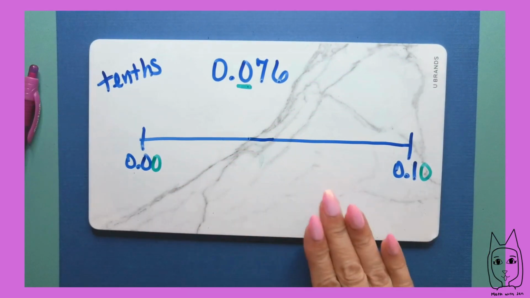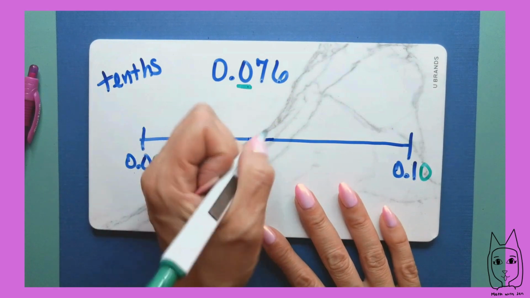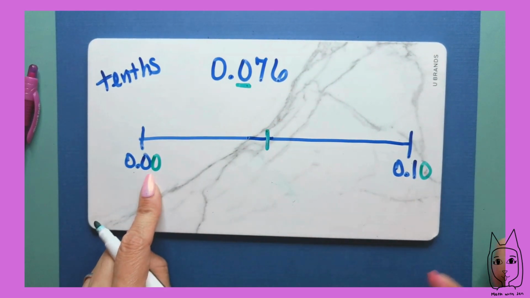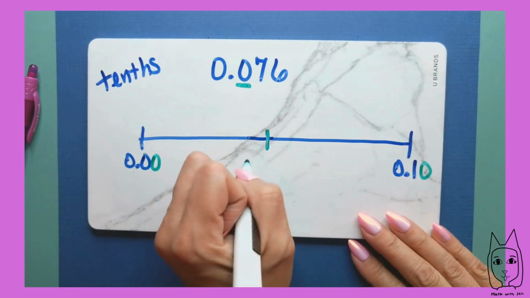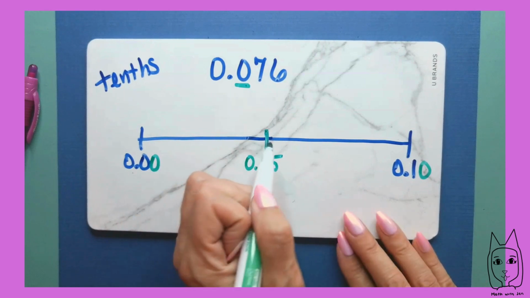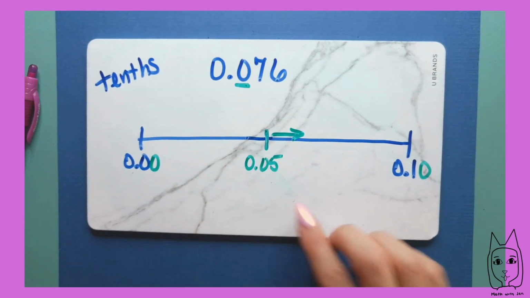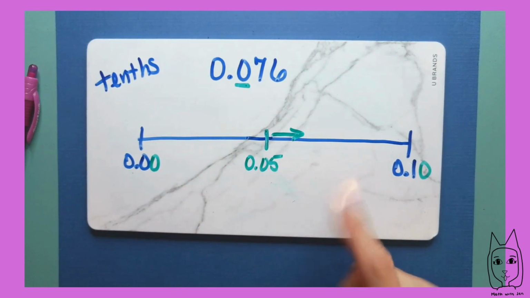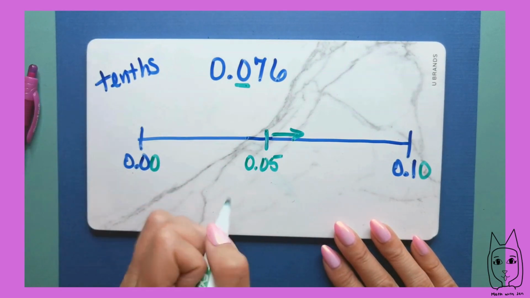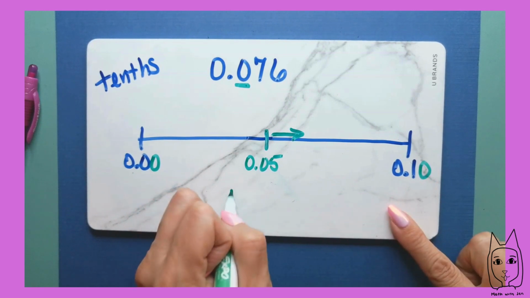I might not have it perfectly equally divided, but pretend. The halfway mark between 0 hundredths and 10 hundredths would be 5 hundredths. 7 hundredths is falling to the right of 5 hundredths, so I know that I need to round up. I would round this number to the tenths by rounding it up to that 1/10.